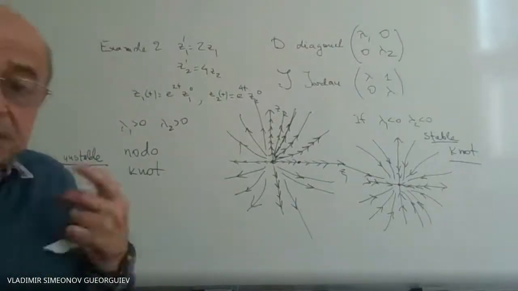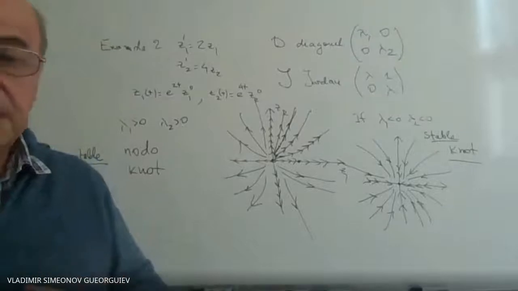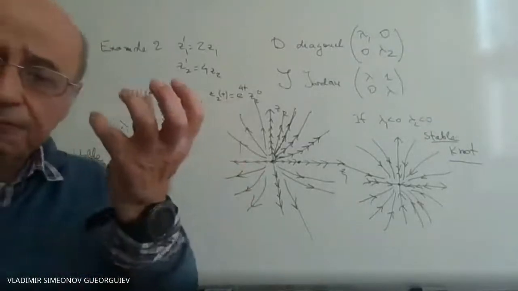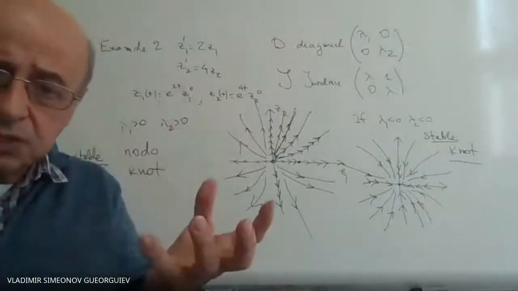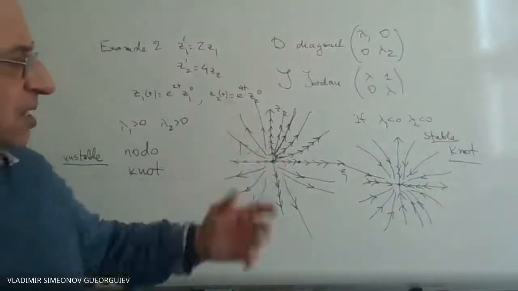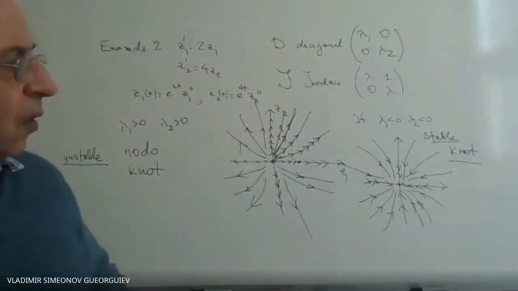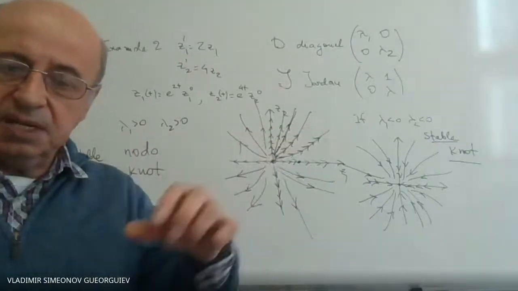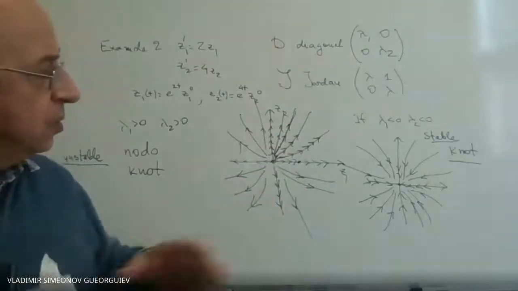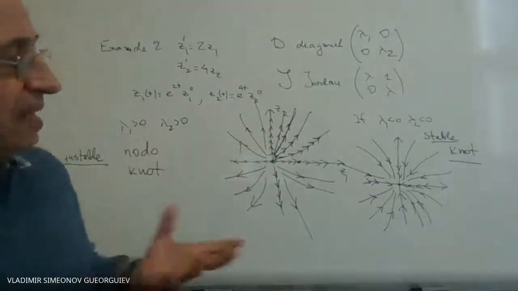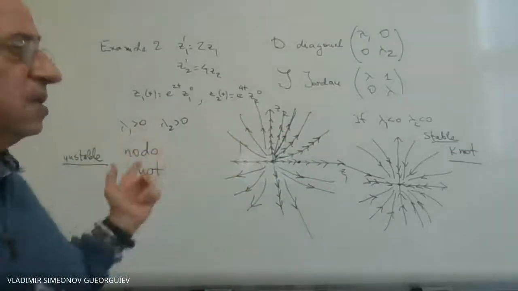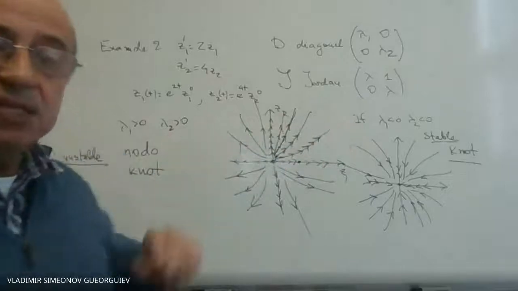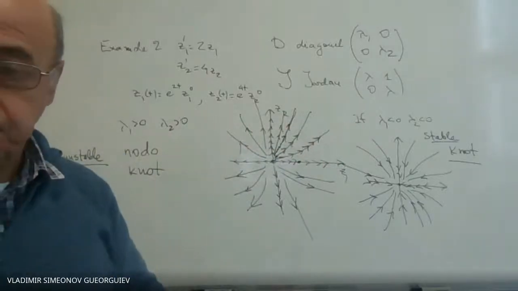Essentially, what I insist you understand is that when you have two real eigenvalues, you can have the case of a saddle point when the signs are opposite, or you have knots that may be stable or unstable depending on the signs of your eigenvalues.